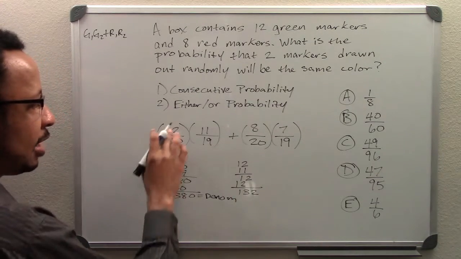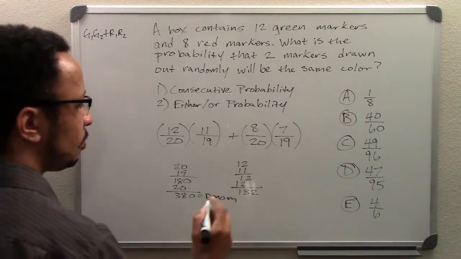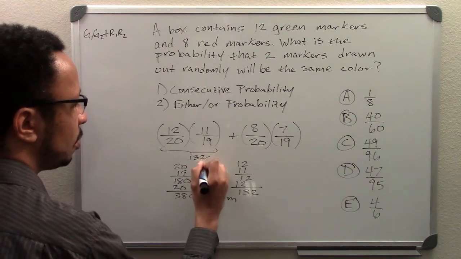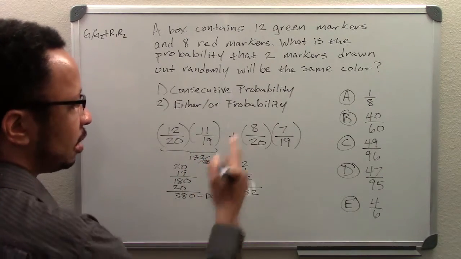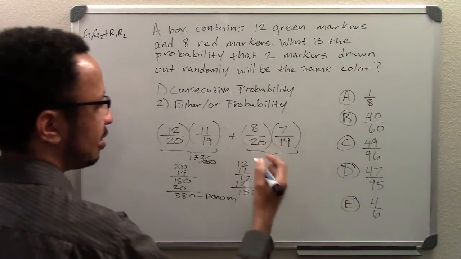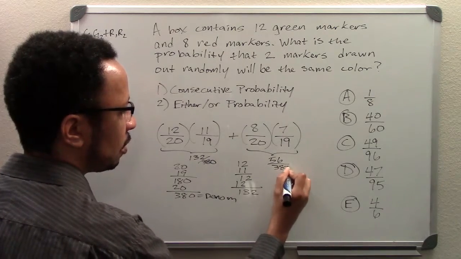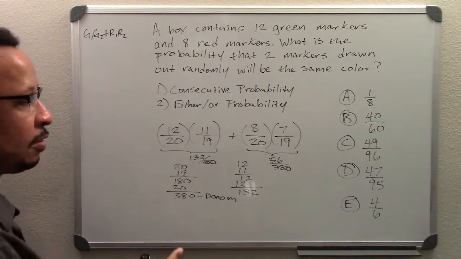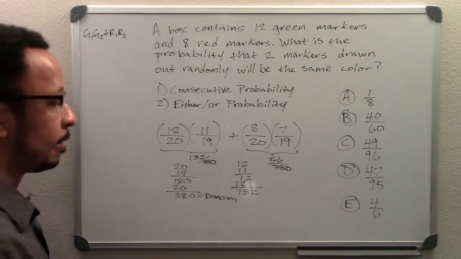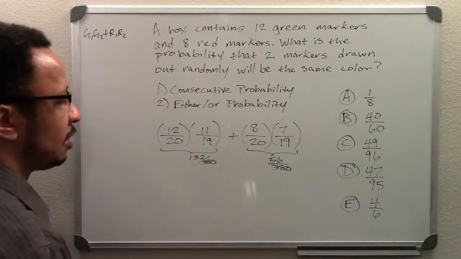So we have 132 over 380. Next, we have the same denominator, and 8 times 7 is 56. It's easy enough to do. So we have 132 over 380 plus 56 over 380. We're going to add those and see what we get.